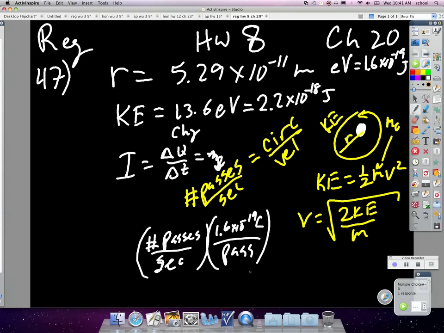Unfortunately, I can't see any simple way around it, because you've got to have the velocity in meters per second in order to do this with the circumference.